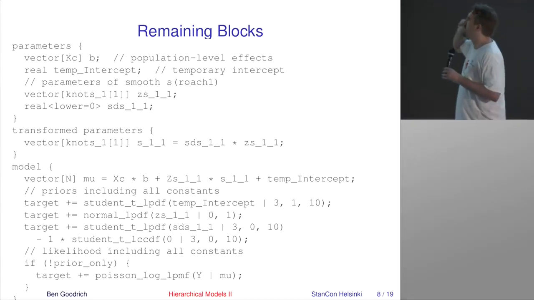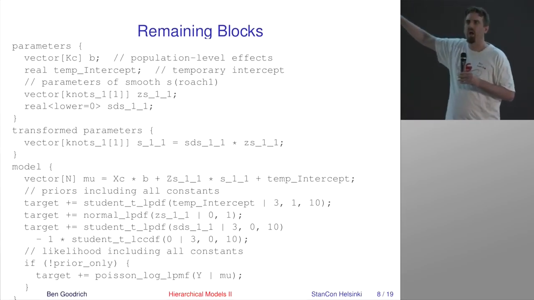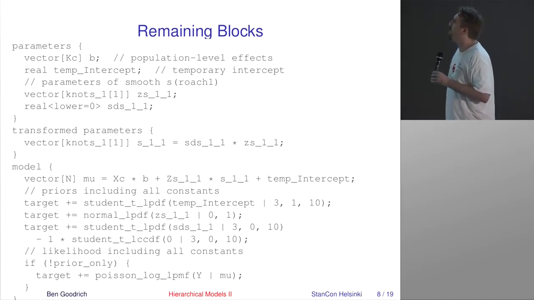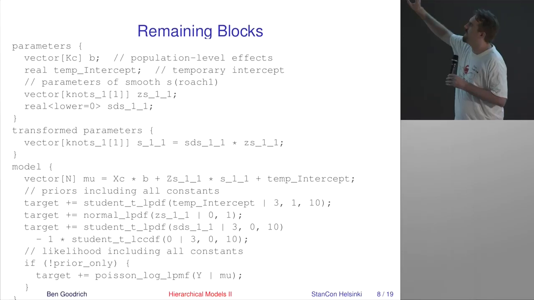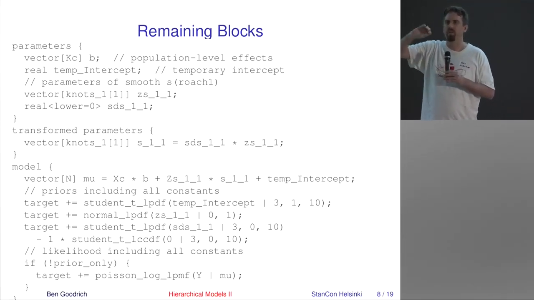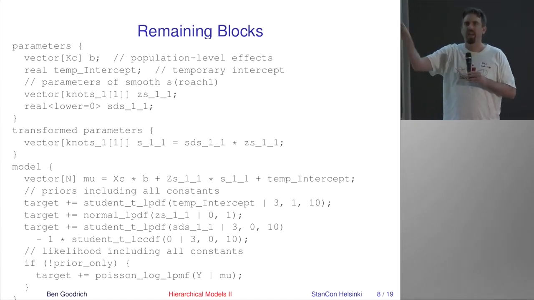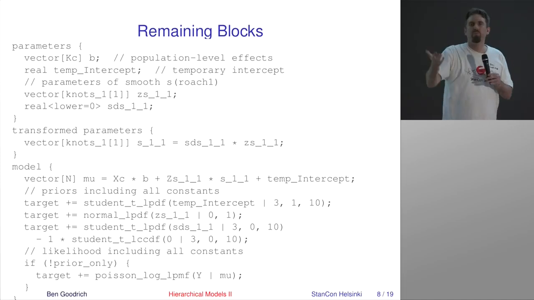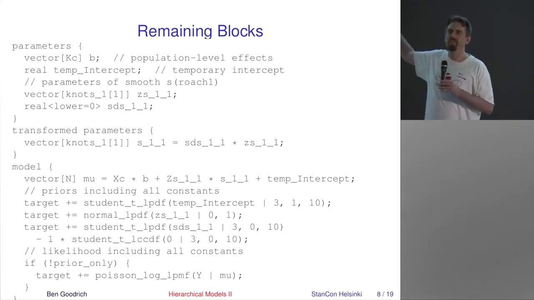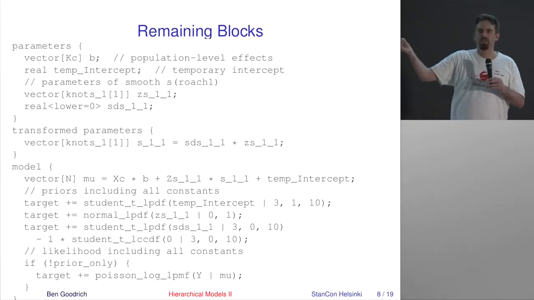And I should mention before I forget, in the generated quantities block, which you can't see here, there's a couple of things that might go on in a BRMS model, but one thing that's usually going on is undoing the transformation from the centering that results in the temporary intercept, to get as a generated quantity the posterior distribution of the intercept that you would have obtained if you didn't center the columns of X in the transformed data block.